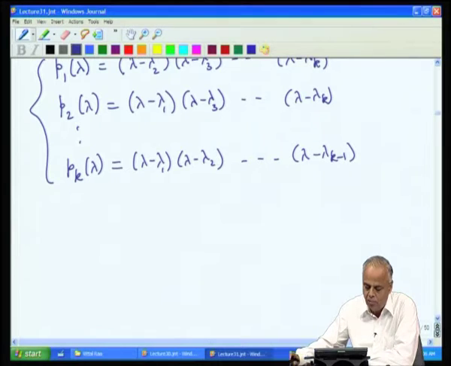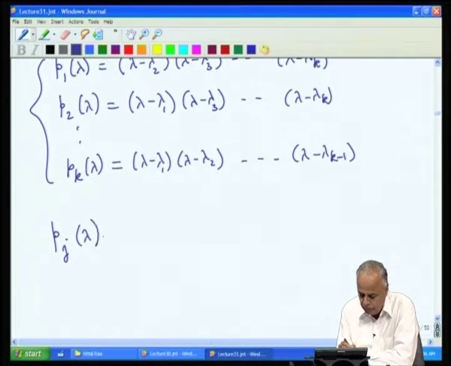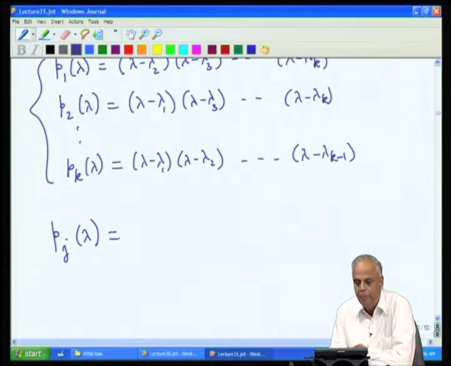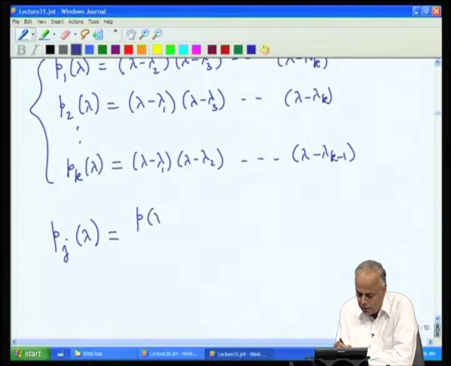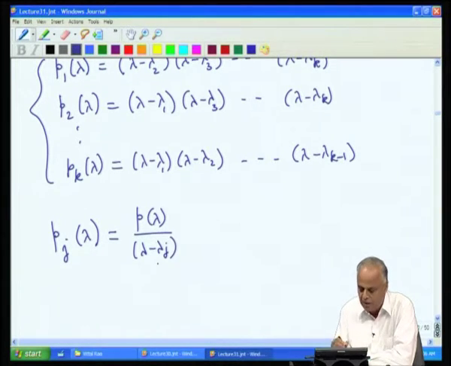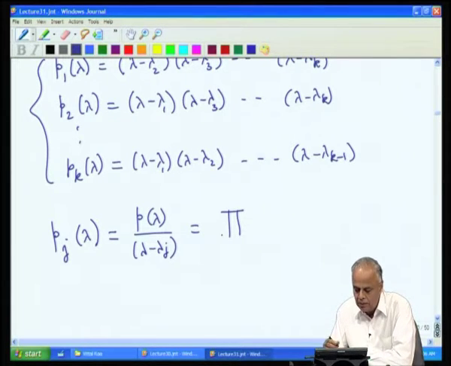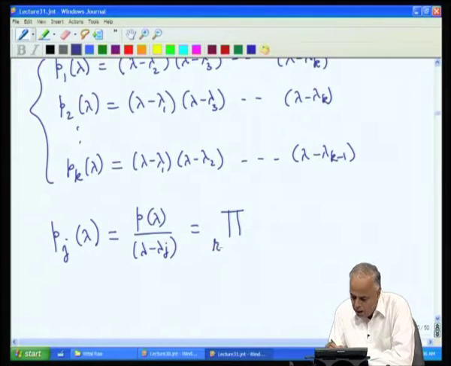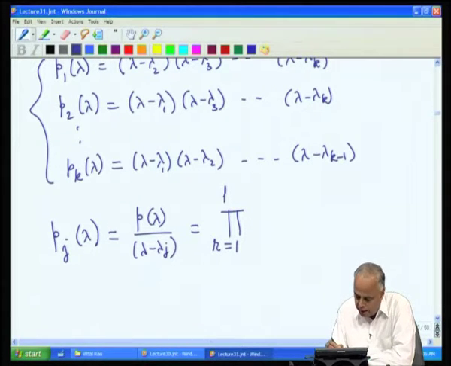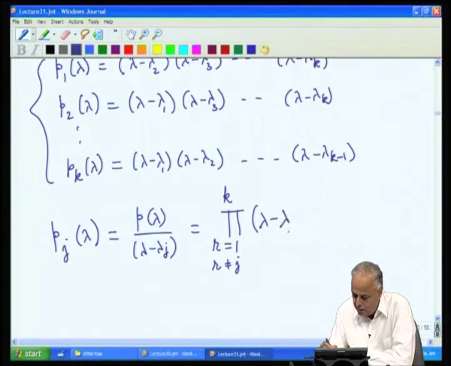So, in short form we will write p j lambda is the polynomial obtained from p lambda by removing the jth factor, that means p lambda divided by lambda minus lambda j. That factor is cancelled out. We can write this in product notation as the product over r equal to 1 to k, r not equal to j, because the jth factor has been removed, of lambda minus lambda r.